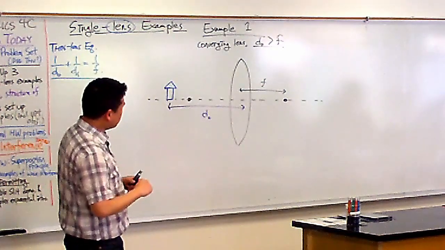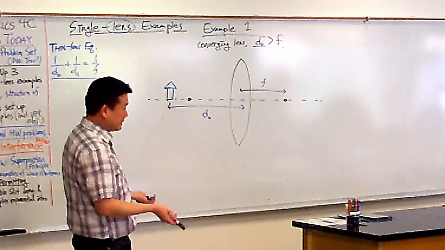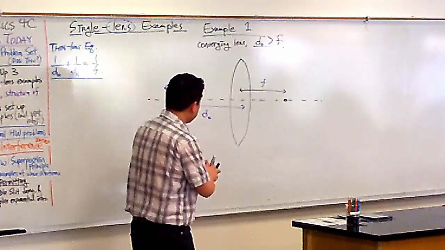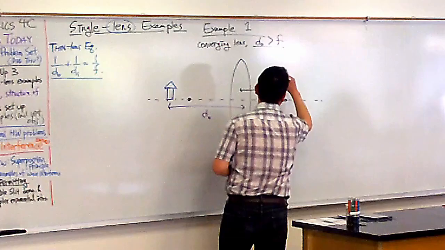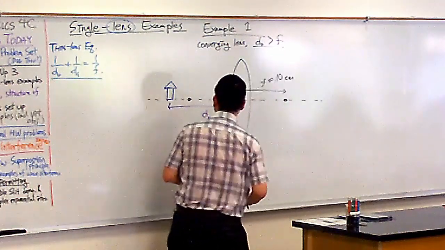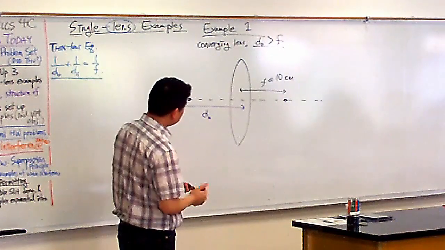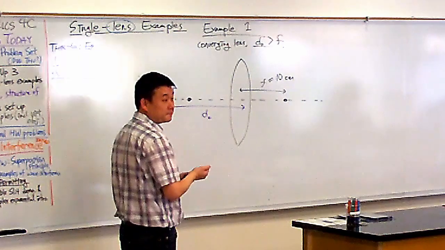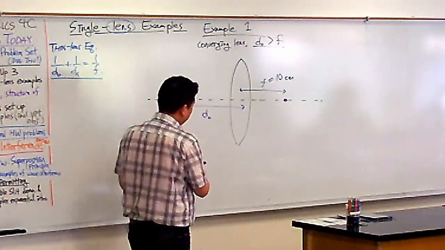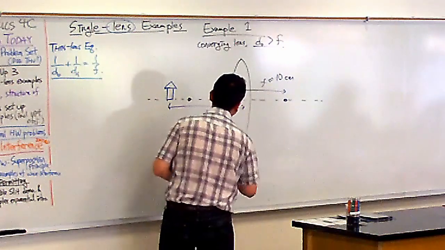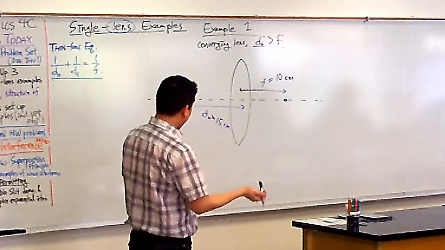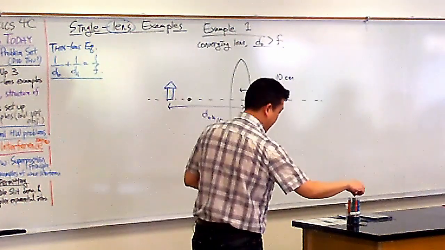Let me get some numbers to plug in so that I have something concrete. Let's say that the focal length is 10 centimeters. And object distance, does it look like 15 centimeters maybe? Yes, I want to be close. It doesn't have to be exact, but I just want to be close. 15 centimeters.